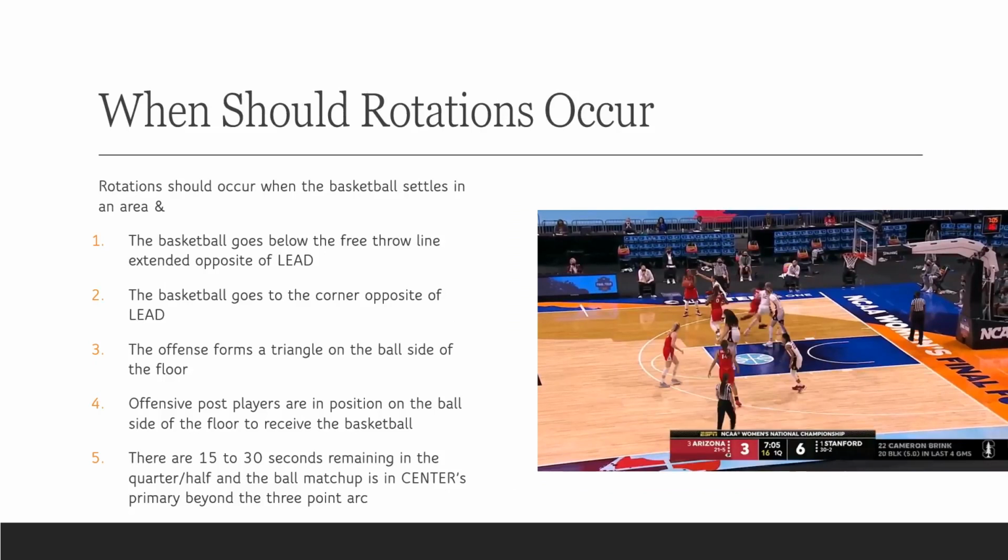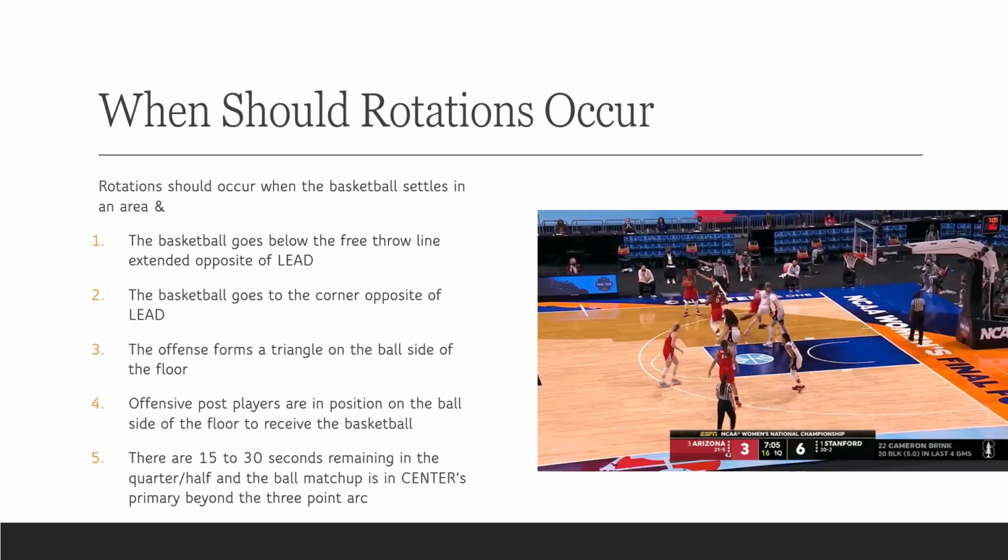Rotations should occur when the basketball settles in the area and: 1. The basketball goes below the free throw line extended, opposite of lead. 2. The basketball goes to the corner, opposite of lead. Obviously, if the basketball is going to the corner opposite lead, it also is below the free throw line extended, opposite of lead. 3.